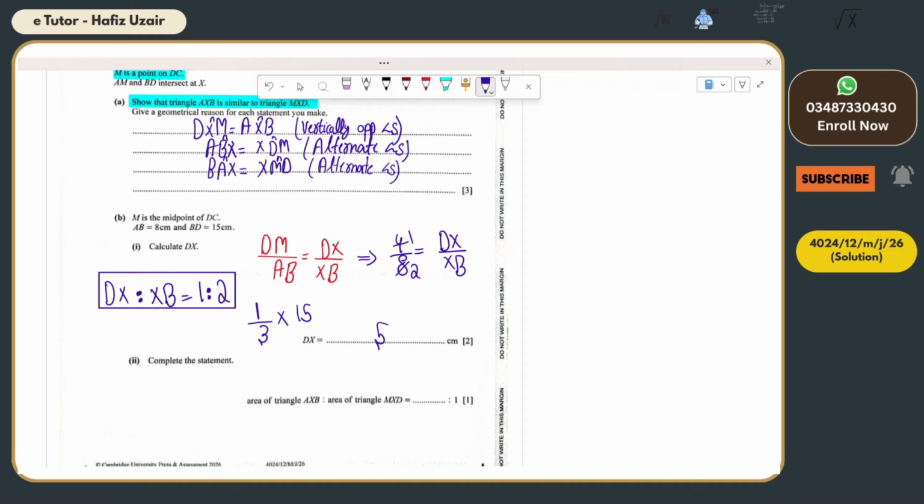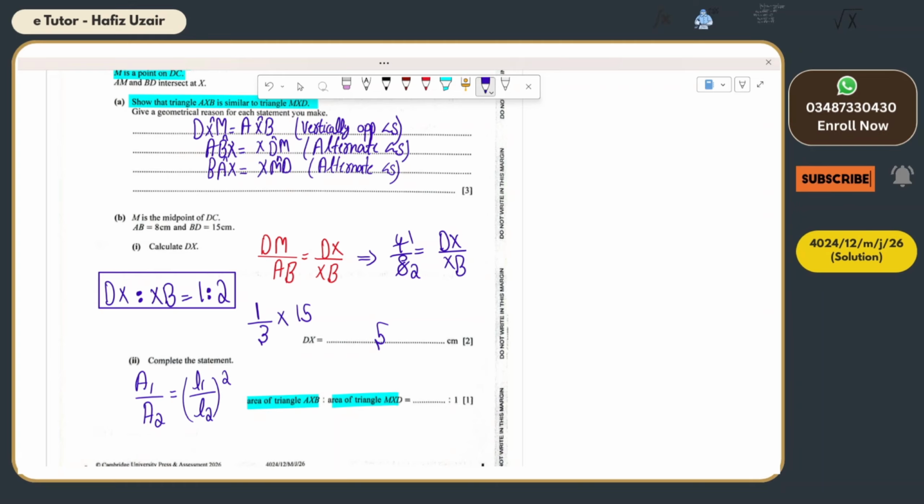Okay. Now let's move to C part of this question. So in C part of this question, you have area of triangle AXB ratio area of triangle MXD is equal to what? So now the ratio of area is equal to the ratio of length squared.